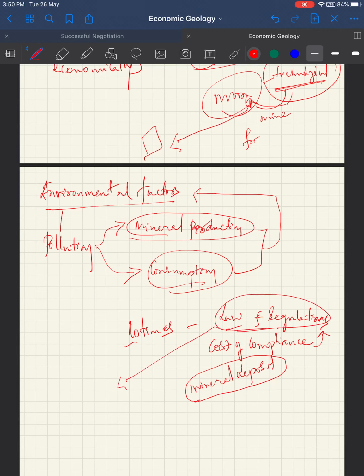In most of the developed countries, economically developed countries, the laws and regulations related to environment are very stringent, and hence to consider any mineral deposit as profitable is a bit difficult. Whereas in the very low developed countries or economically poor countries like those in the African continent, the laws and regulations related to environment are very poor or very loosely constructed, and hence any deposit can be easily converted into a profitable reserve. So this is the basic difference.